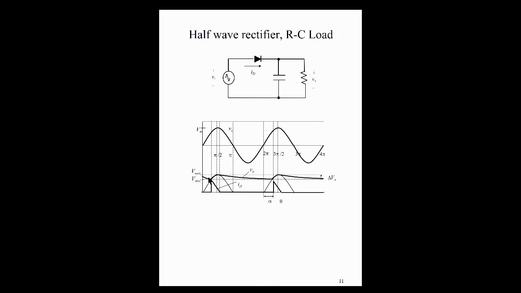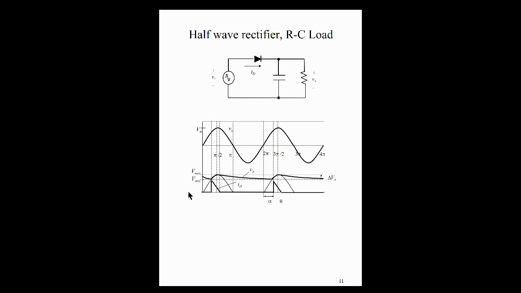So what you have in this curve is a result of the charging and discharging of the capacitor. This gives us our output voltage. It will swing between a maximum and a minimum, and this difference is what we refer to as our ripple.